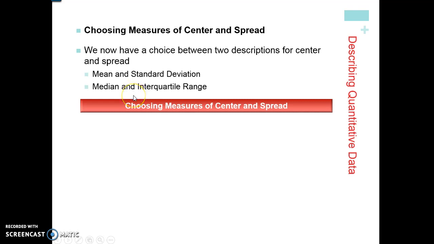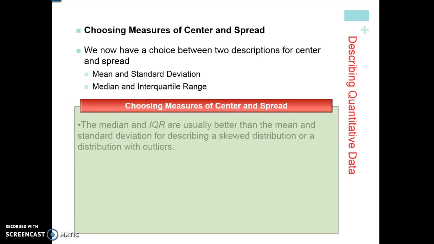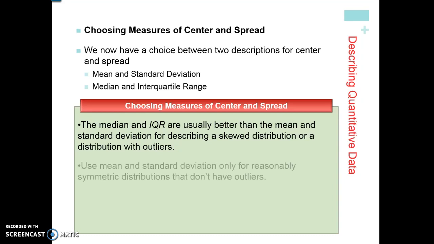So how do you know which one to choose? It's going to be important to understand when to choose the various groups. Okay, so the median and the IQR are usually a better measure of the center and spread when you have a skewed distribution or a distribution that has outliers, and that's because the median and the IQR are resistant to outliers, and they will be a good measure of where the center or most of your data lies and where the middle 50% of the data lie, because they're not going to be pulled down or up by large outlier values.